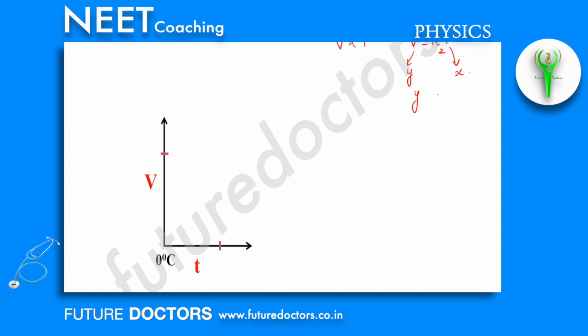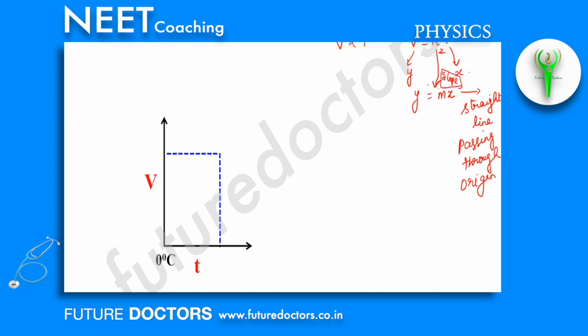This graph is of the form y is equal to mx, so it is a straight line passing through the origin. The slope will give you the value of K2, the Charles' law constant.